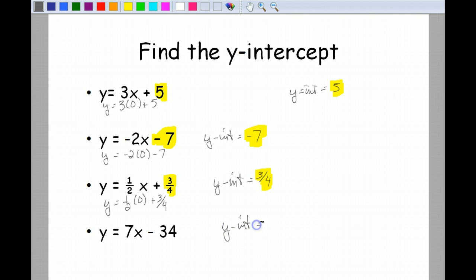That's right, my y-intercept is negative 34, because when I say y is equal to 7 times 0 minus 34, once again, it is the constant when I have an equation in slope-intercept form.